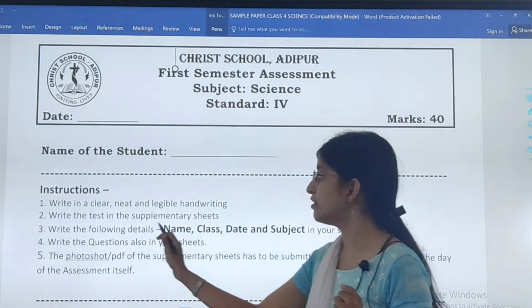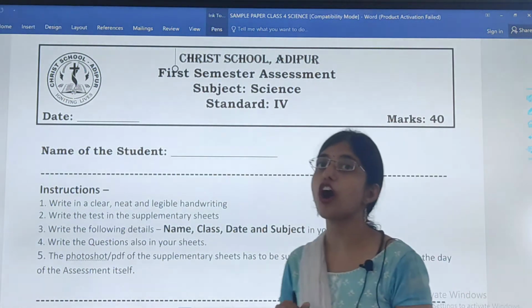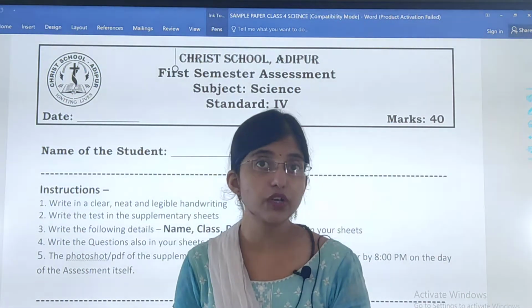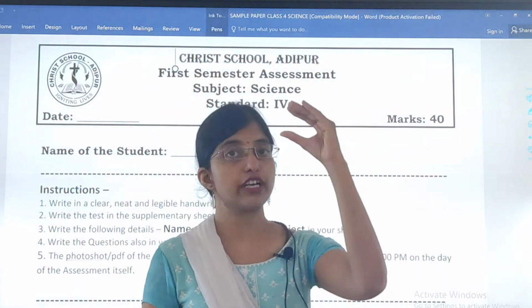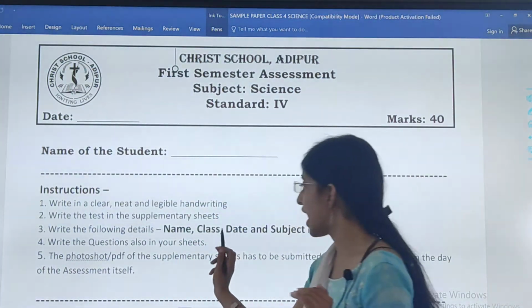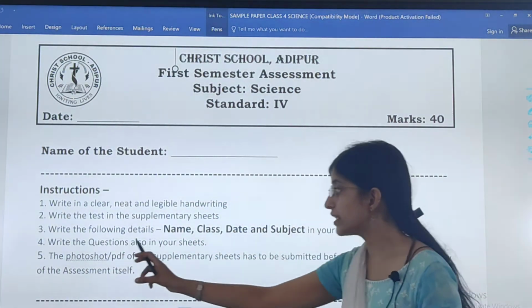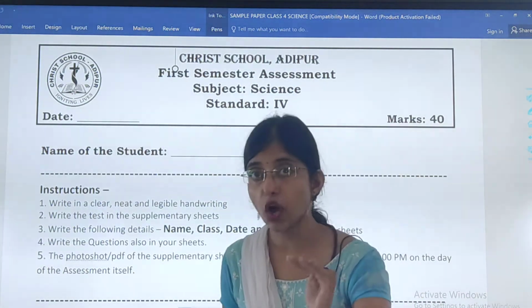Third, write the following details: name, class, date and subject in your sheet. तो सबसे पहले आप क्या करोगे? On your answer sheet, the first thing you will do is write your name, subject, date and class. Write the questions also in your sheets. आपको questions भी copy करने हैं.